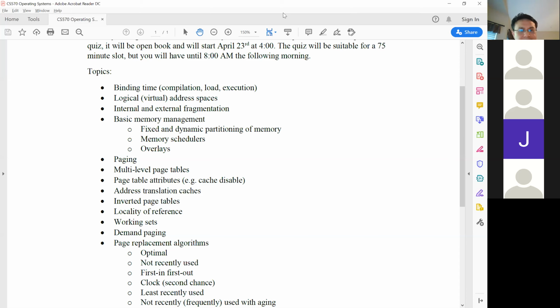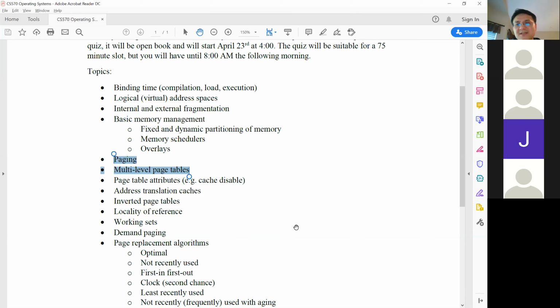You would need to know the paging, the multi-level page tables, how exactly they work, how you set up paging for one level or for multiple levels. How do you compute? You need to be familiar with all those terms. What's the page size?